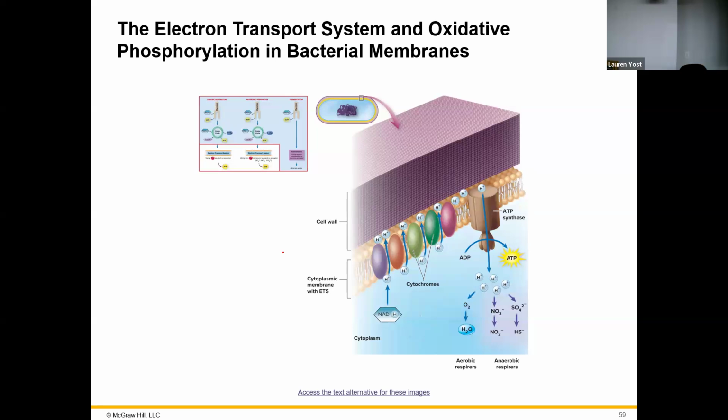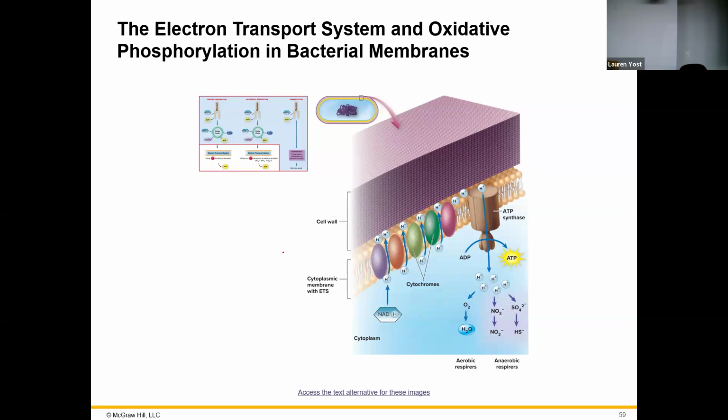All right. Here's our membrane. And on this membrane, we've got our redox carriers, or electron carriers, whatever you want to call them. They're called cytochromes. Right? They're made specifically to interact with electrons.